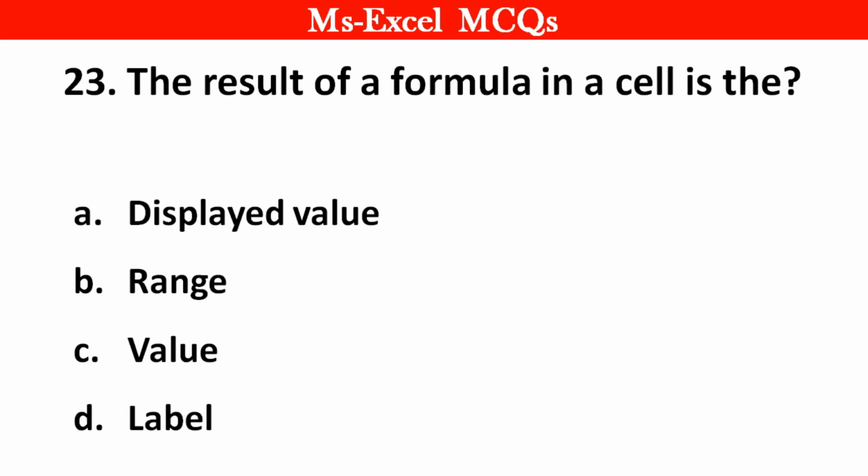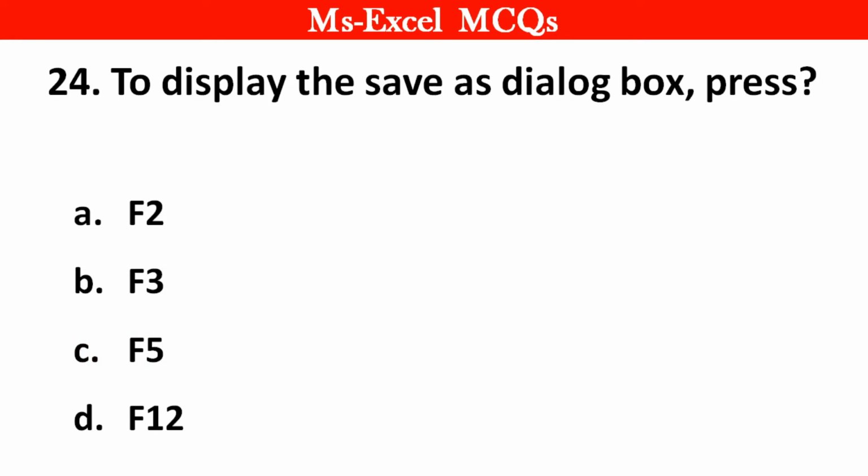Next question. The result of a formula in a cell is the: options A, displayed value; B, range; C, value; D, label. Right answer is option C, value. Next question. To display the Save As dialog box, press. Right answer is option D, F12.